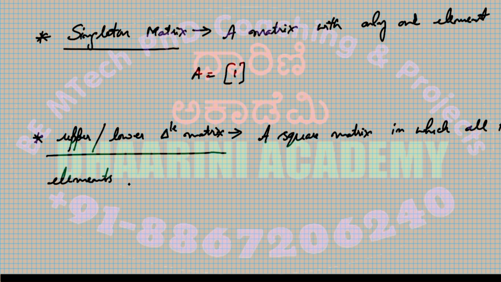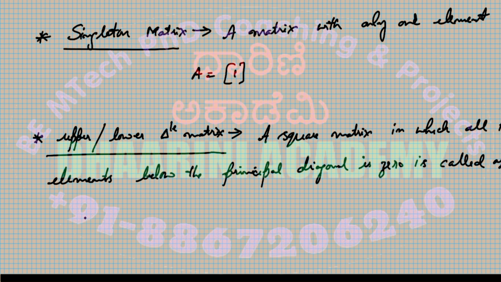All the elements below the principal diagonal are 0 is called an upper triangle matrix.